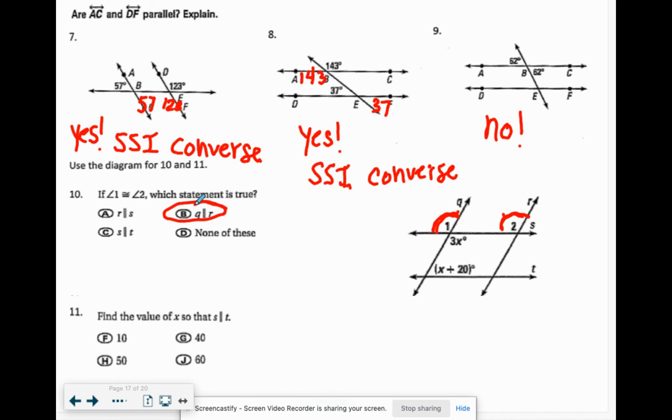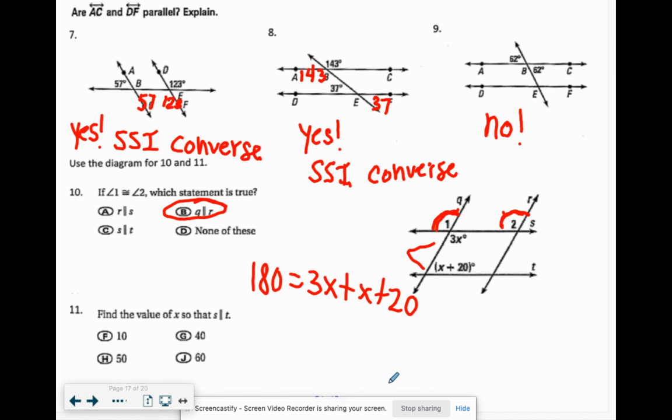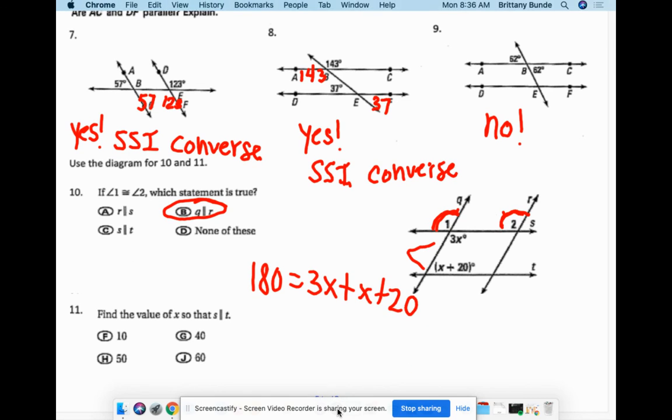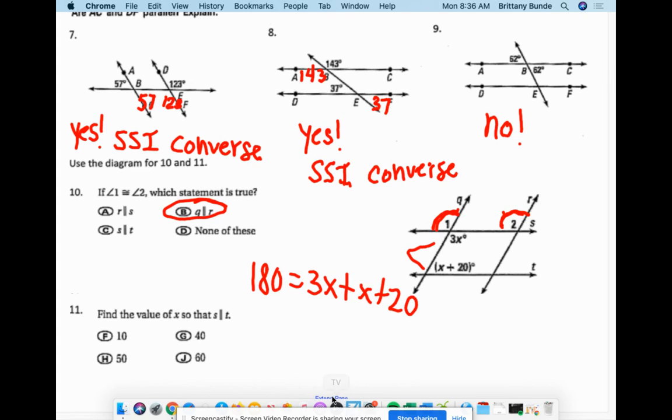How can we find the value of X so that S is parallel to T? Yep. Nailed it. These add to 180. How many X's are we going to have? 4.